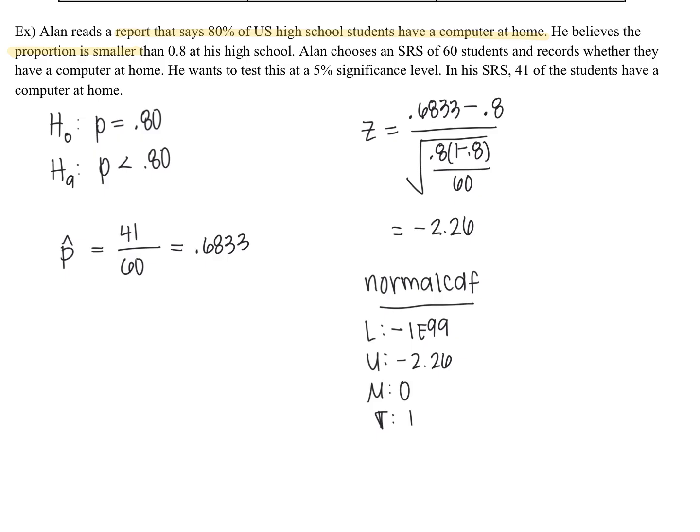A nice thing about hypothesis tests is that if your z-score is negative, your lower bound is always negative 1E99 and your upper bound is always your z-score. And if it's positive, the lower bound is your z-score and the upper bound is positive 1E99. We're going to get 0.0119.